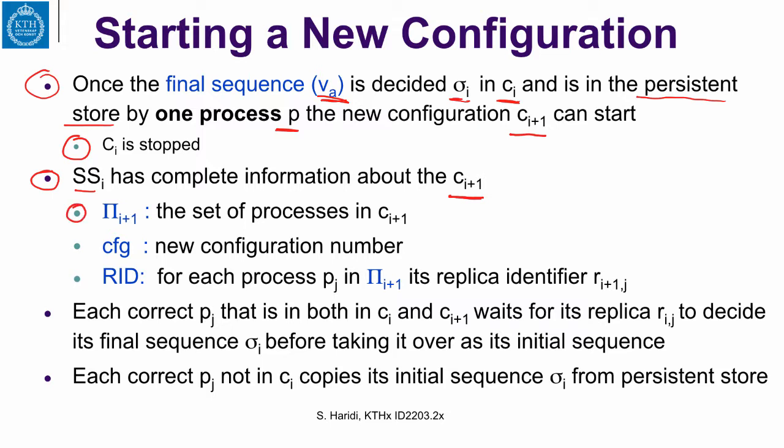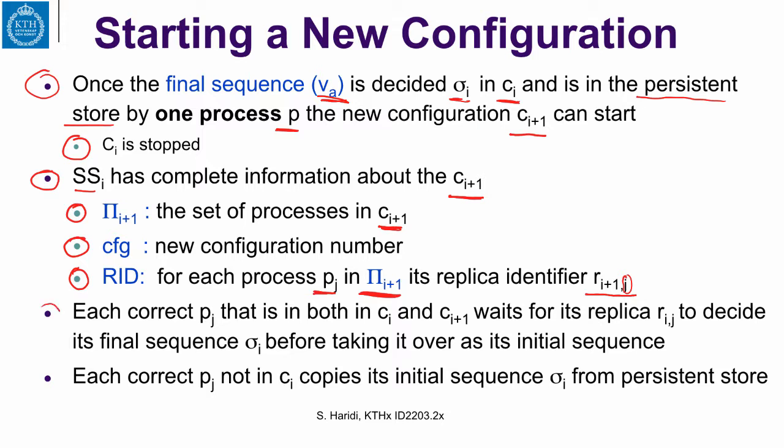It has information about the set of processes in the new configuration, the new configuration number, which is higher than the previous configuration number, and the replica's ID for each process Pj in the set of processes for the new configuration.